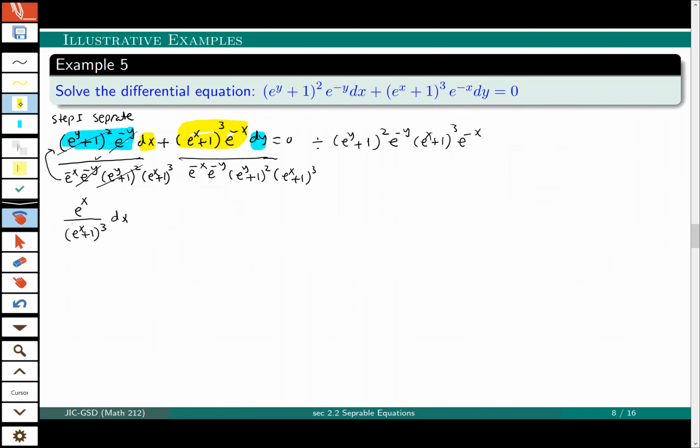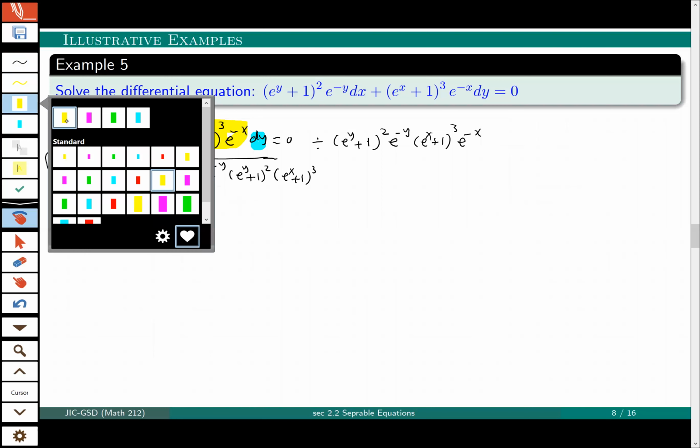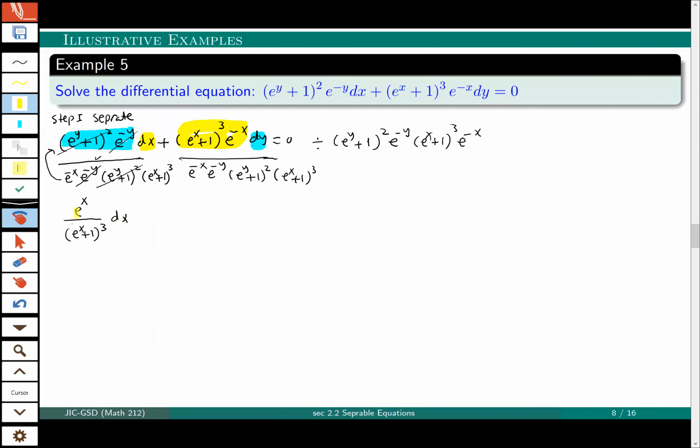Now look here, we have separated. This is dx, and that is a function of x only. Now, what about here? I have here e raised to the power minus x will cancel out with e raised to the power minus x. E to the power x plus 1 to the power 3 will cancel out with e to the power x plus 1 to the power 3.